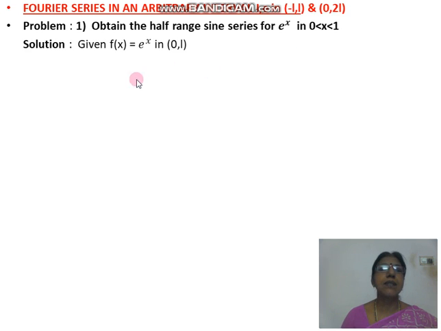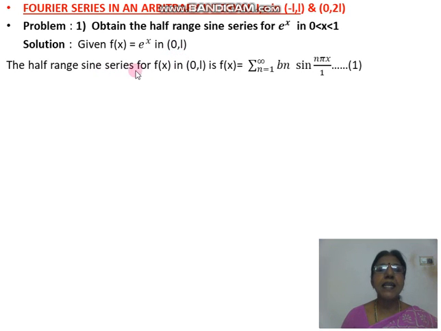Okay, see the solution. Given function f of x is equal to e power x in 0 to 1. The half range sine series of f of x in 0 to L, this is L, 0 to L, and here it is 1. f of x is equal to sigma n is equal to 1 to infinity bn sin n pi x by L. In place of L we have 1.